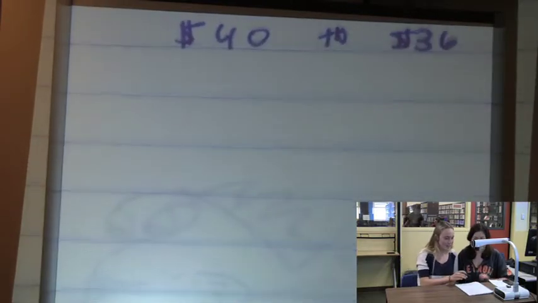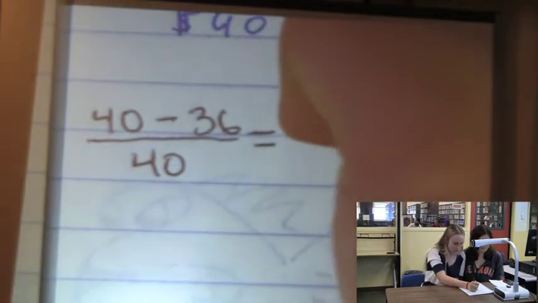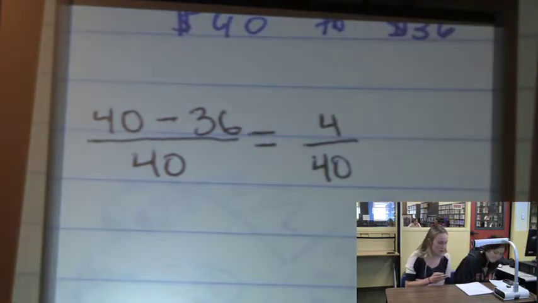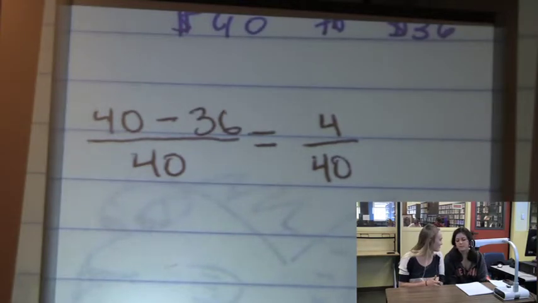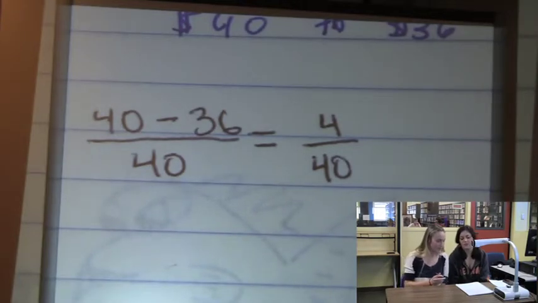It's the change, so 40 minus 36 over 40, and that equals 4 over 40. And how do I get a percent from that? Well, we'll simplify that first, which will make it easier.